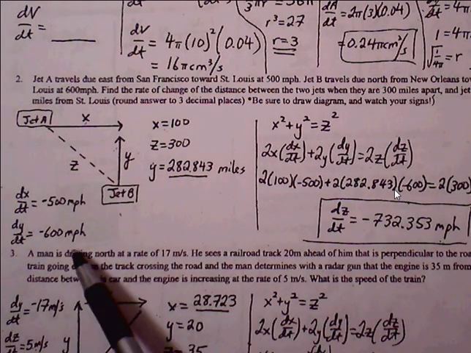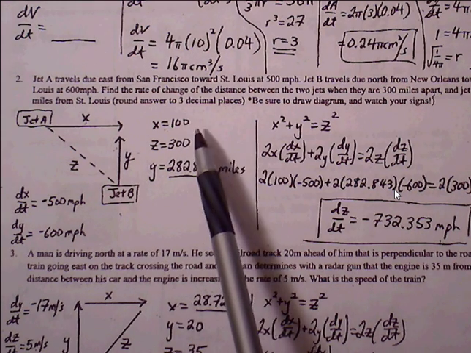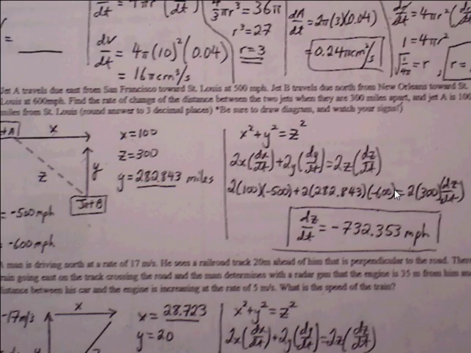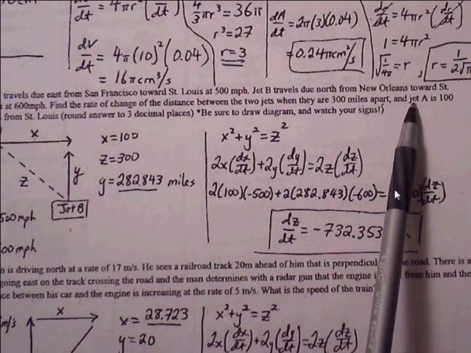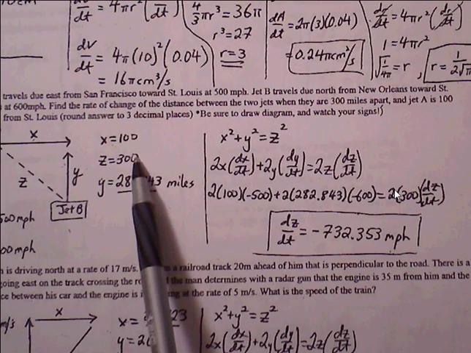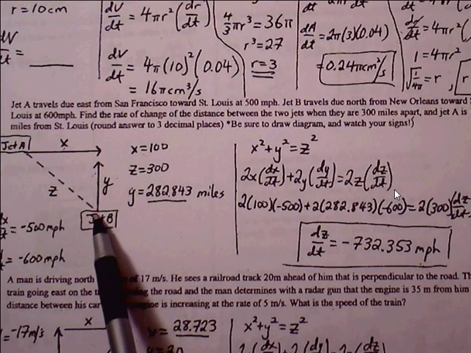All right, at a moment in time when x is 100 and z is 300, so jet A is 100 miles from St. Louis and the jets are 300 miles apart, we want to find the distance between jet B and St. Louis.